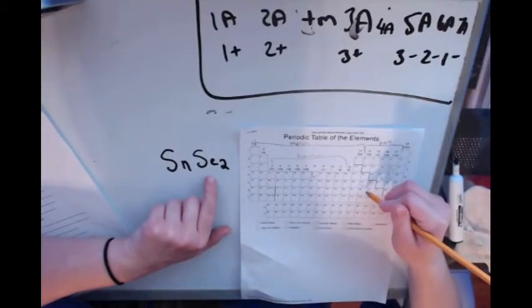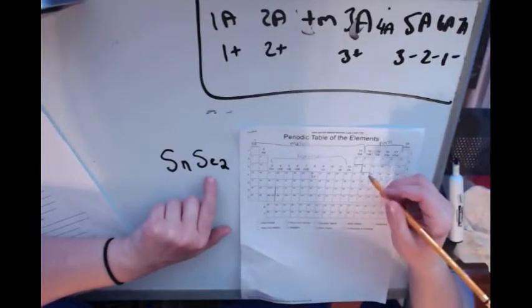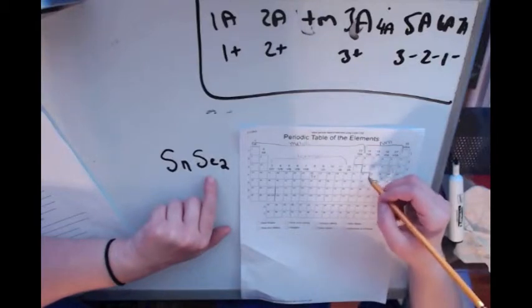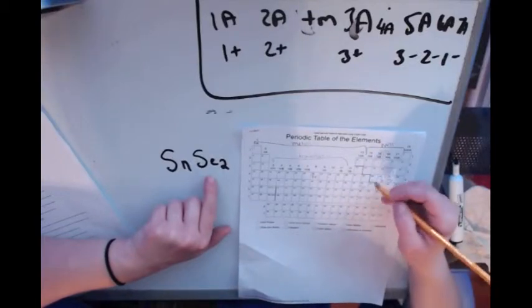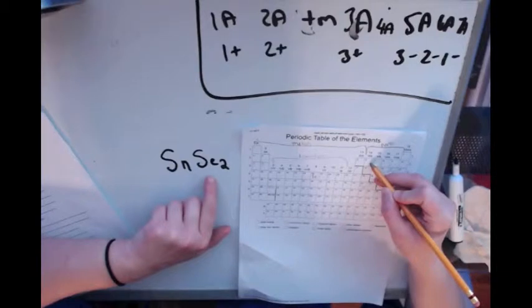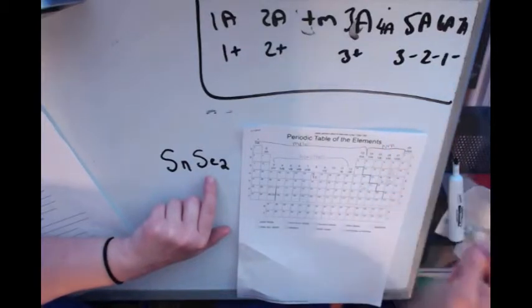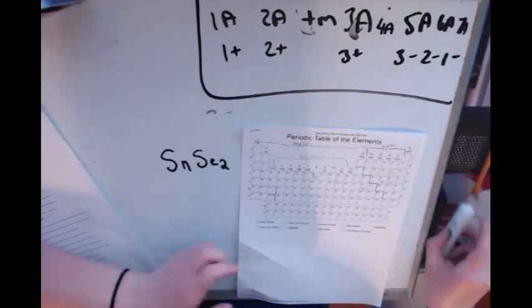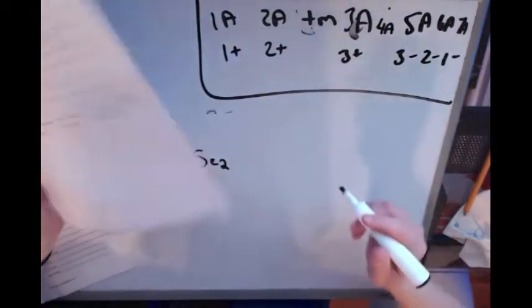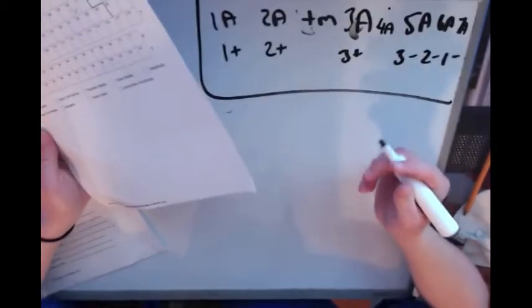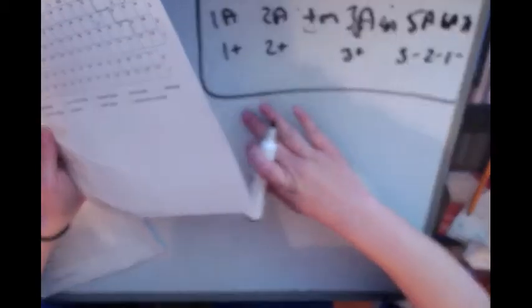Even though this is not a transition metal, things in the 4A column can kind of differ with their charges. Carbon can be plus or minus 4. Most of the time it's plus 4. And then the metals, they can sometimes differ too. So it's a good idea to kind of treat it like the transition metals. You can always figure something's charge out by taking this approach.